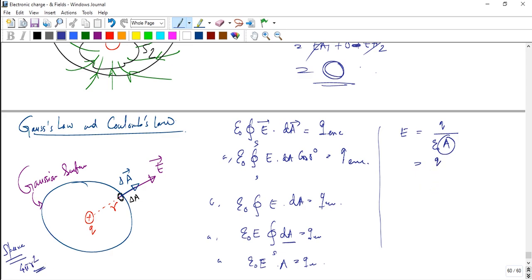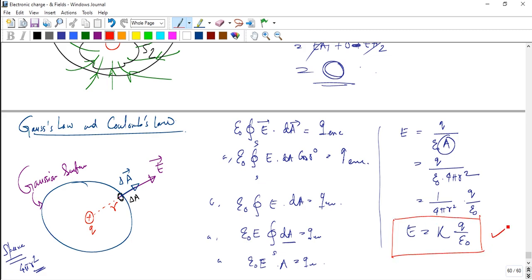So E equals Q by epsilon naught 4 pi r square, that is 1 by 4 pi epsilon naught times Q by r square, where K is the electrostatic force constant or Coulomb's constant. That is the Coulomb's law. You may multiply this by another charge Q times E, that is the force, and that is actually Coulomb's law. Clear, the Gauss's law and Coulomb's law.